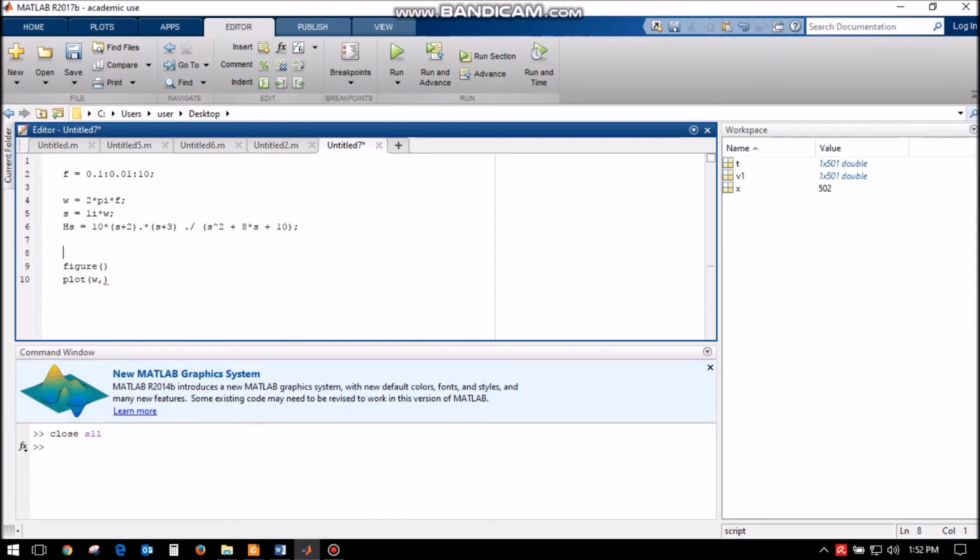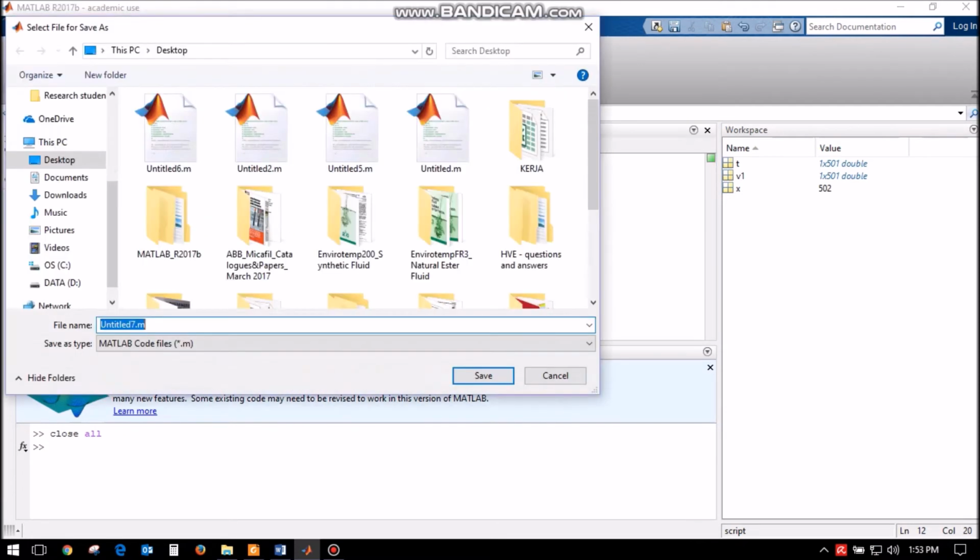Hang on, the absolute Hs, and then the phase of Hs, you want the angle of Hs, but this will give you the value in radians, so we have to multiply by 180 and divide by pi to get the value in degrees. Right, so the absolute Hs, let's try to plot this first.